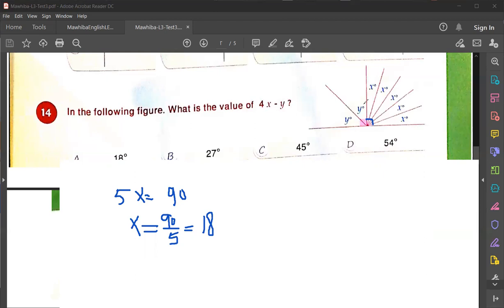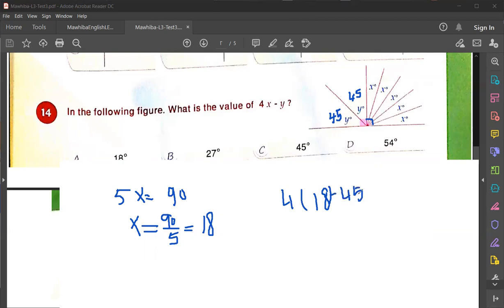What about y? When you add 2 y's, y plus y equals 90. So each y will be 45, right? Each y will be 45. So we write it here, 4 times x, it is 18, and minus y, it is 45.